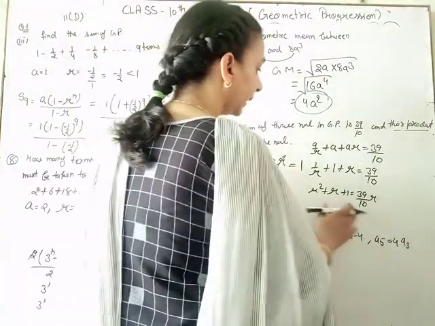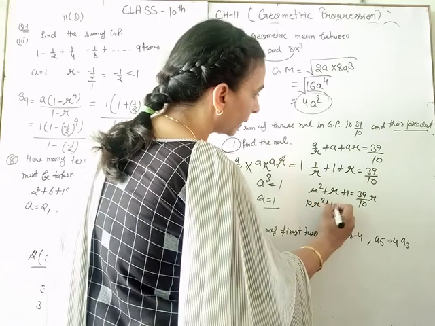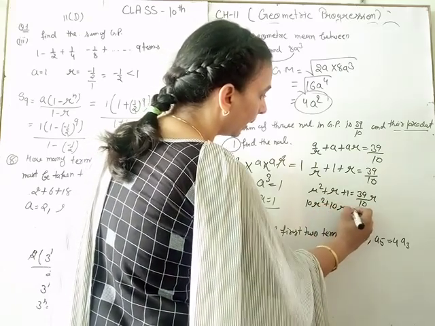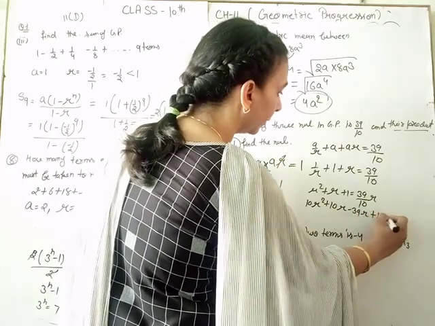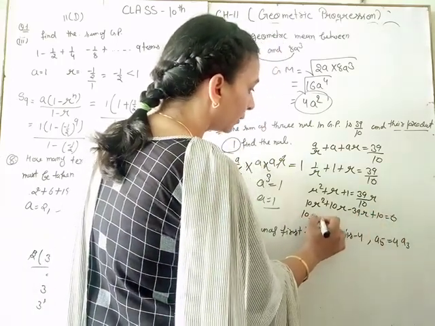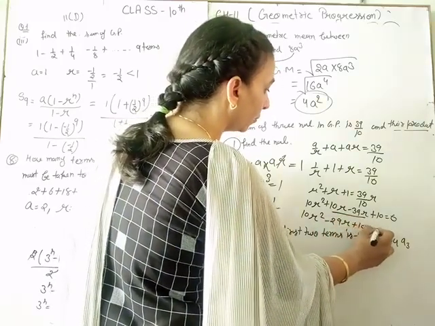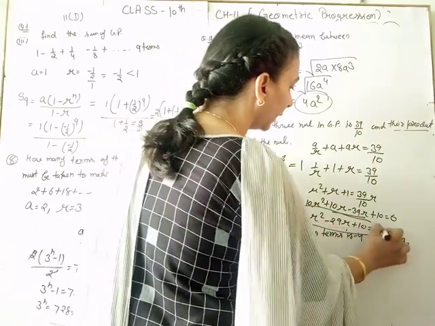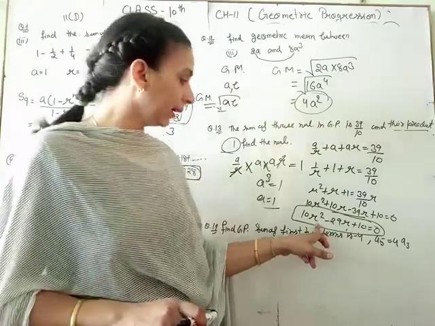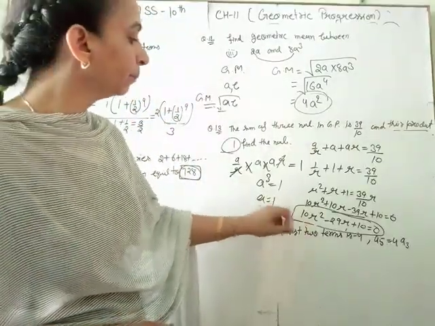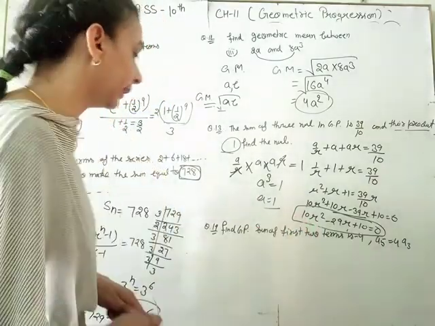Okay, then if you multiply completely, 10r squared plus 10r minus 39r plus 10 equals 0. So 10r squared minus 29r plus 10 equals 0. This is a quadratic equation. From this quadratic equation you find the value of r. You solve this quadratic equation by the factorization method to find the value of r.